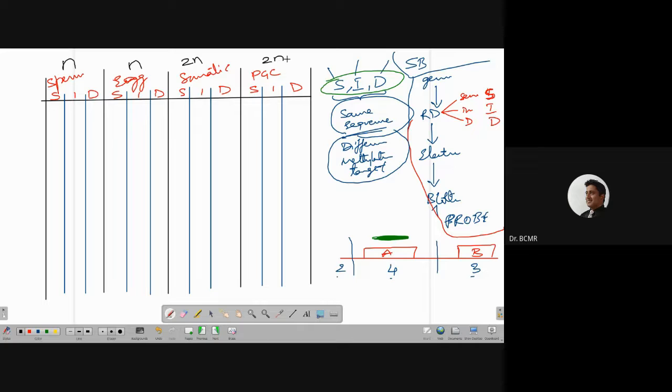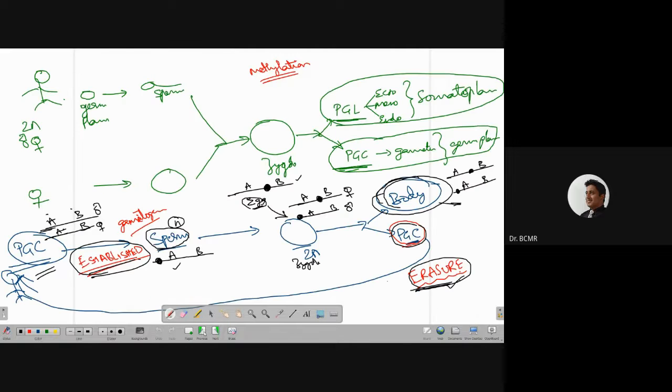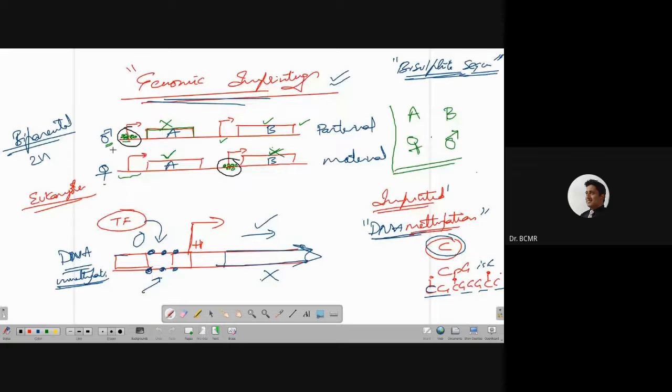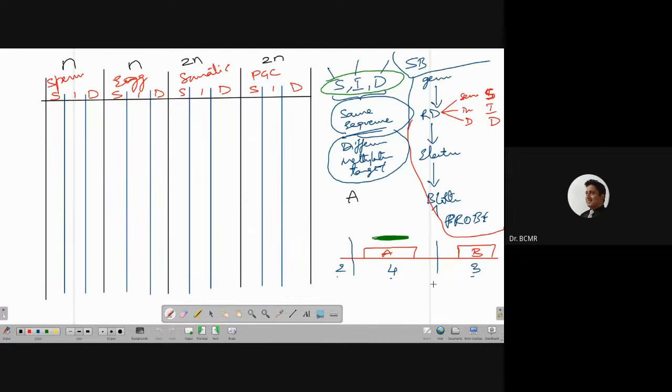So if I have taken sperm, and I'm giving you already the data we found in the previous experiment: what we discussed is A is methylated on the paternal allele and B is methylated on the maternal allele. So that same information you should say: A is paternally methylated, or imprinted, I can call it.